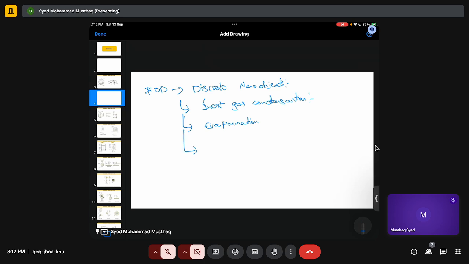And there is also another process which is called colloidal methods. So colloidal methods is nothing but you form a colloidal suspension.